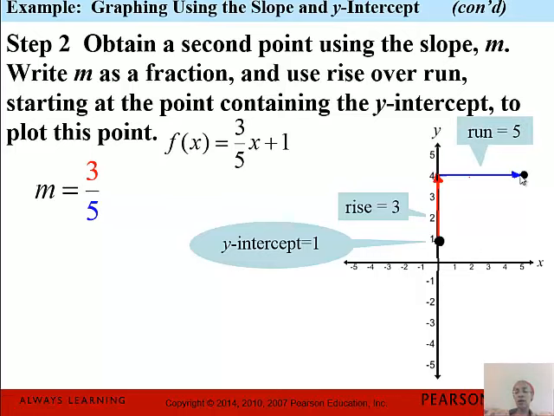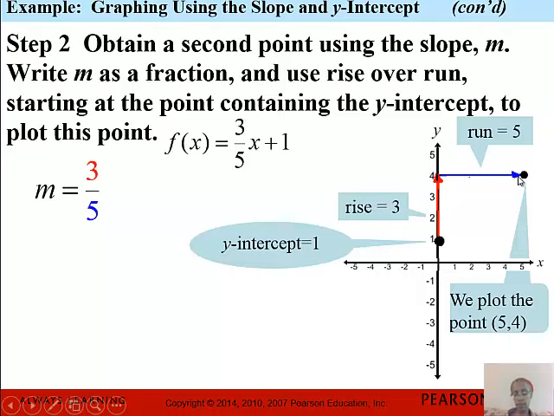Now I'm able to plot that point, and I see that the point is the point whose x-coordinate is 5 and whose y-coordinate is 4.